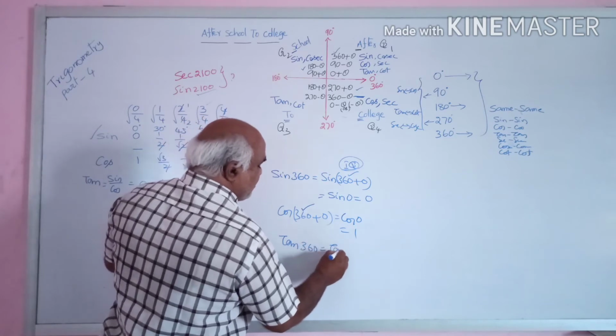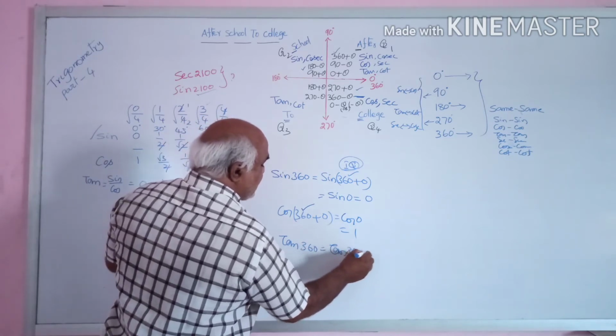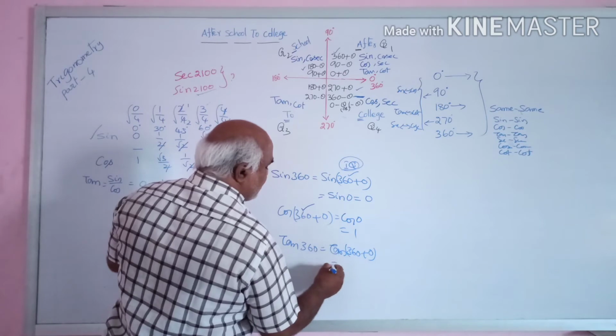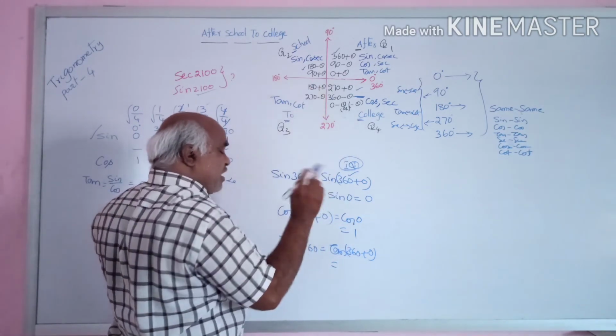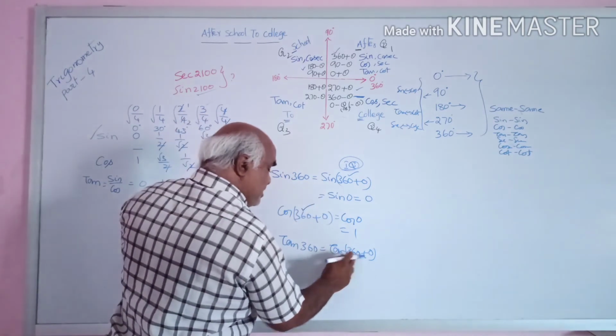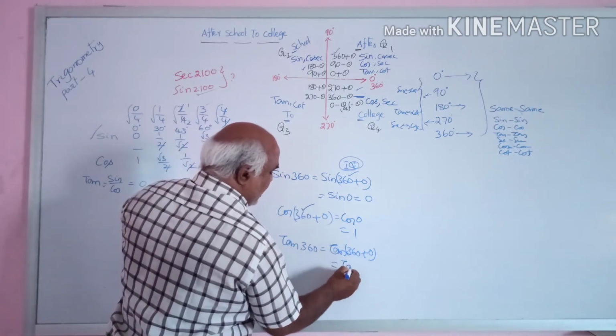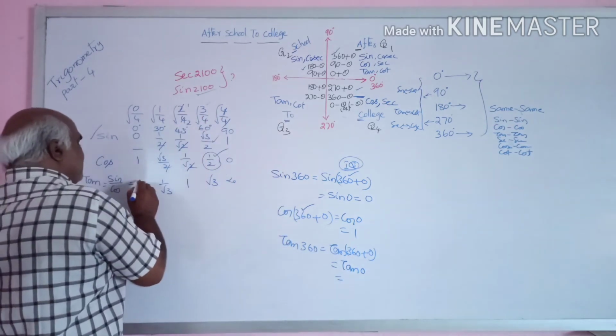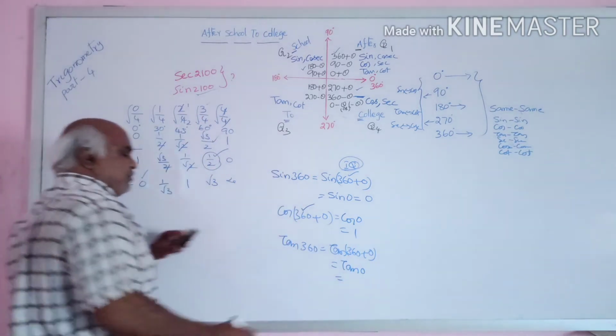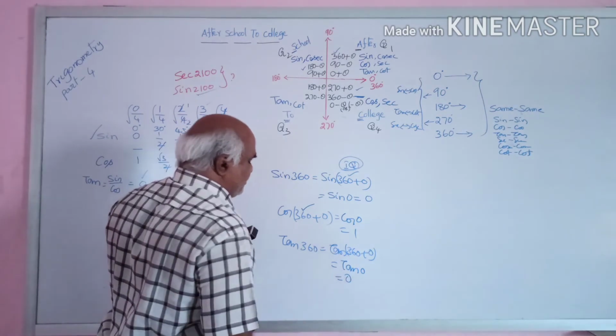Tan 360 can be written as tan 360 plus 0, that is in the same first quadrant. In the first quadrant all are positive, 360 means same to same, tan 0. Tan 0 means 0.